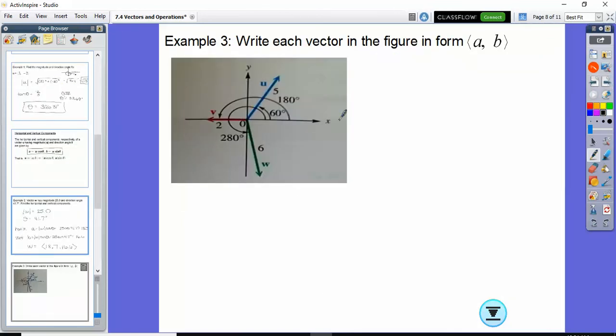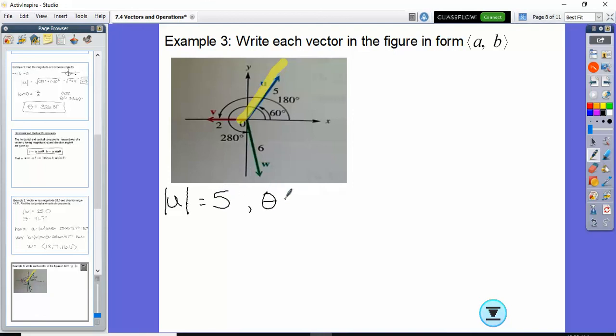Let's write vectors from a picture. So each vector needs to be written in the form AB. And we have three different vectors here, U, V, and W. So let's start with vector U. This tells me that in vector U, the magnitude, what was the length of that vector in my picture? 5.